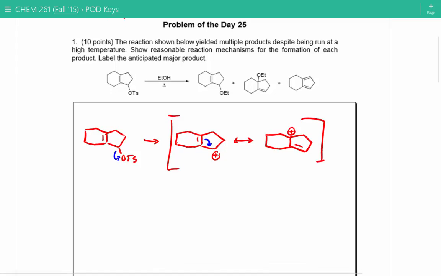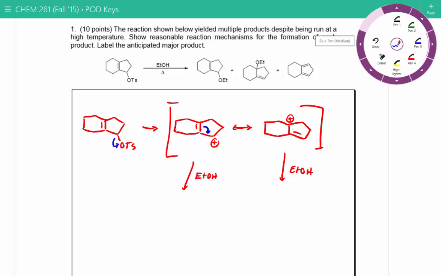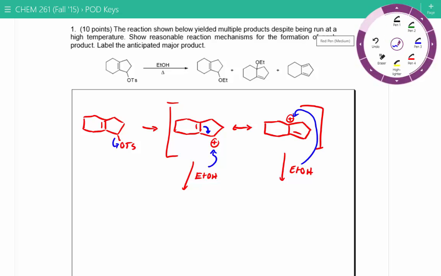This is great. So now, if we think about this, we can have ethanol attack either one of these carbocations. So let's say we have ethanol attack here or up here. It really doesn't have a strong preference either way.